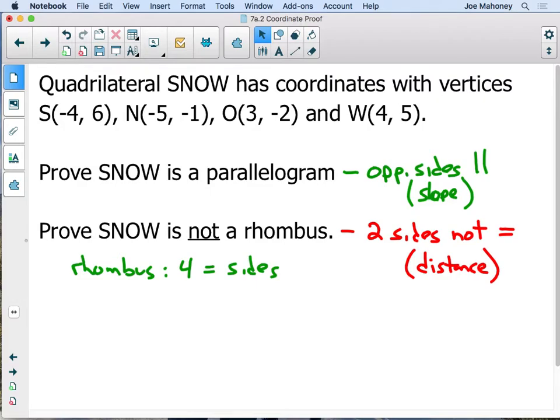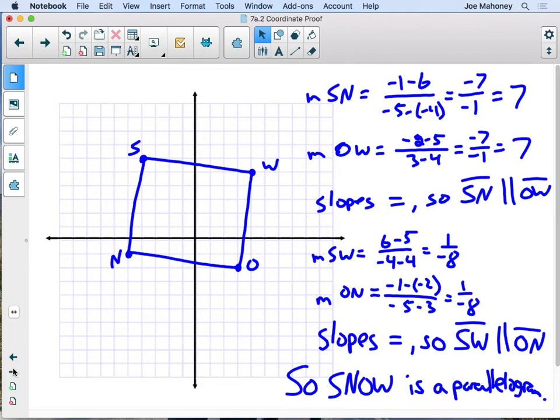Let's go through it. I'm going to find the length of side SN. I don't want to find the length of OW because opposite sides are equal in a parallelogram. I want to then find the length of side NO. I'm going to do the lengths of those 2 sides. Let's do one distance formula and one Pythagorean theorem so you see each one.